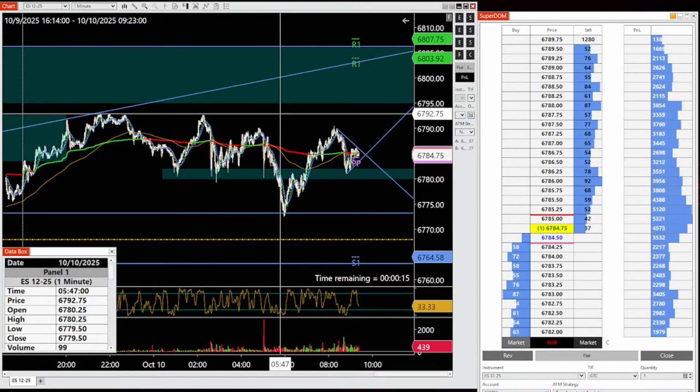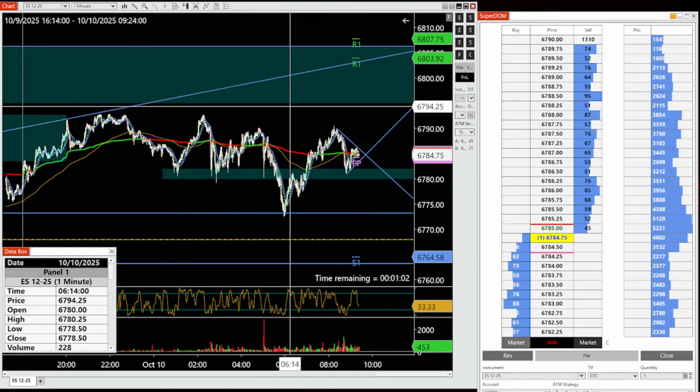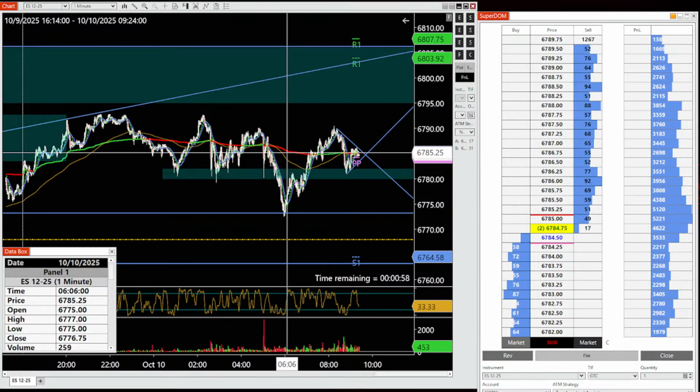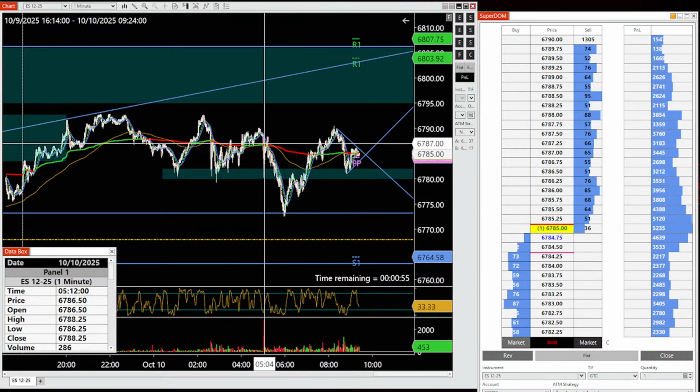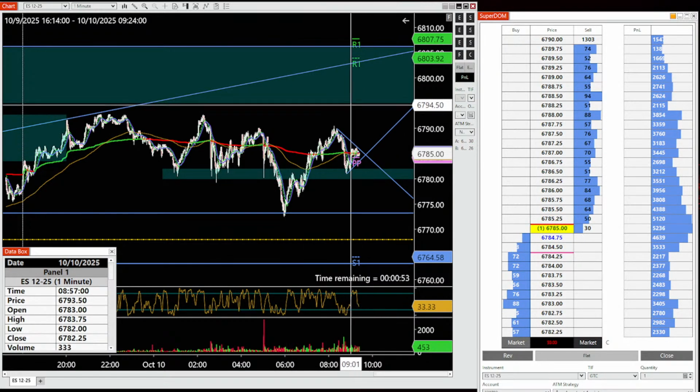Now we got here too, so we got some stoppage at 92, some resistance at 92 up in this area. 92, 95, 97 is some resistance up there. So you might break out and then come back down.